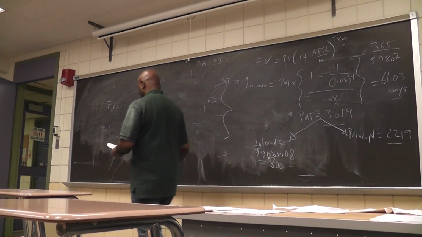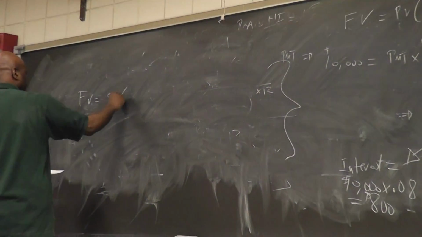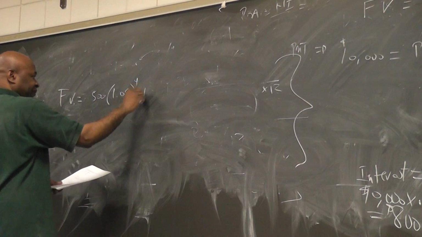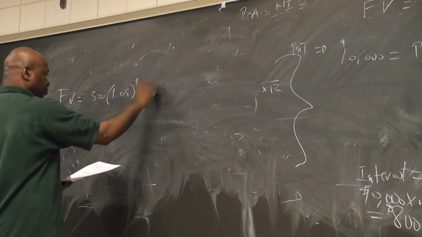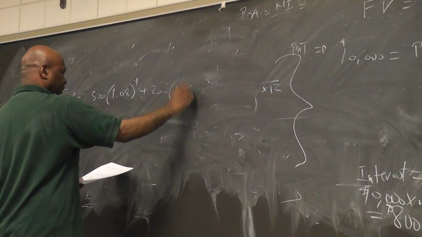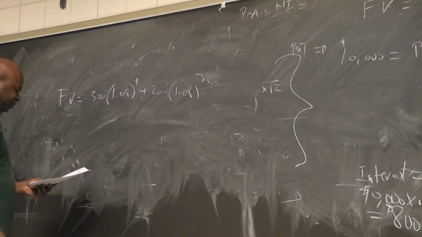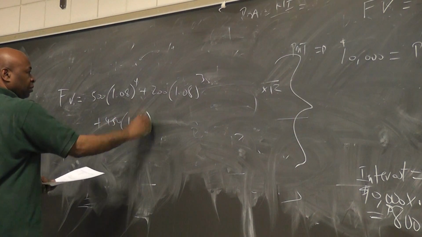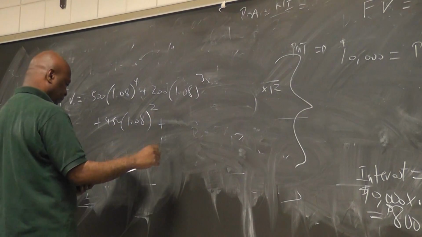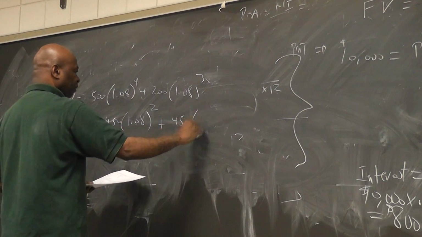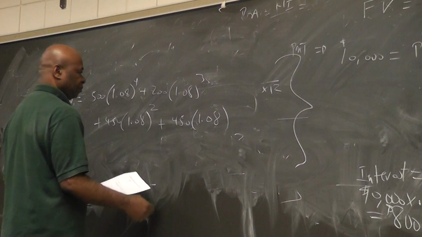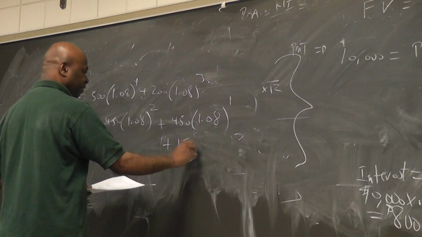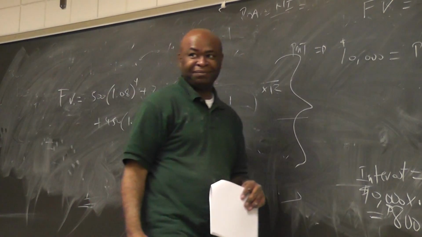So it'll be 500 times 1.08 raised to the power 4, plus 200 times 1.08 to the 3, plus 450 times 1.08 to the 2, plus 450 times 1.08 to the 1, and then plus 150. That's how you show your work, right?